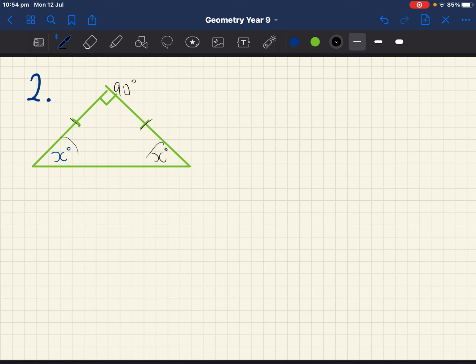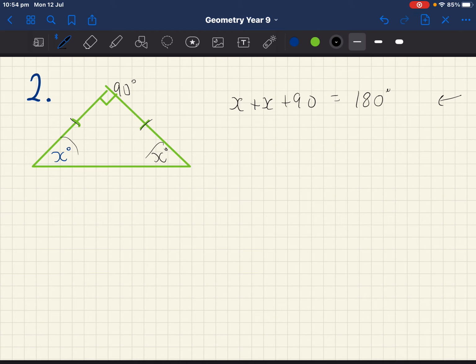Let's get our equation. Because this is a triangle, we know that the three angles, x plus x plus 90, these three angles will add up and equal 180 degrees. Okay, so we've used our geometry to create our equation.